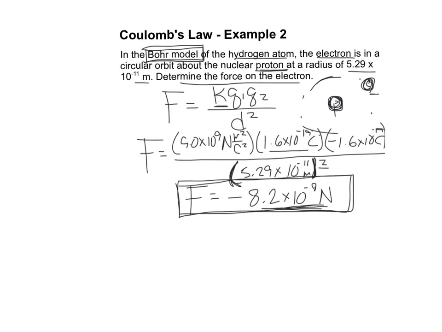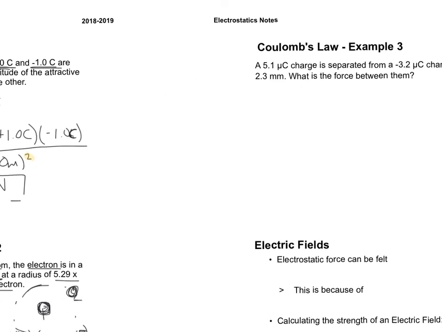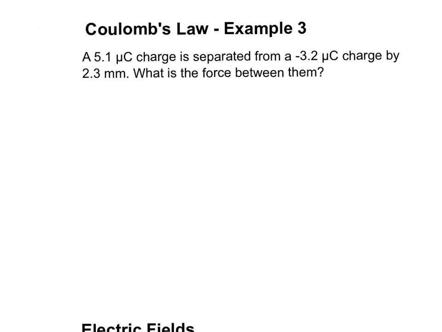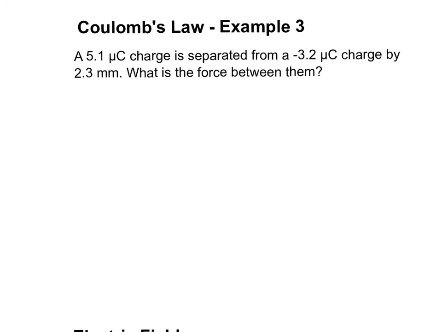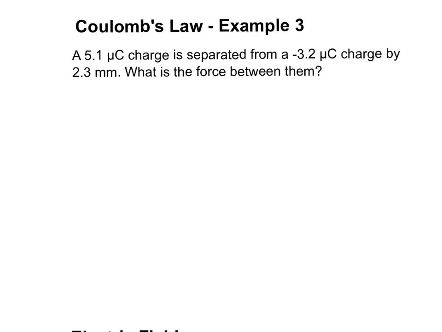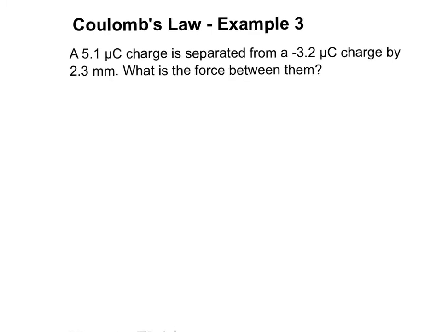All right, so let's see. I have one more example for us to do. Third example here. We've got Coulomb's law once again. I've got a 5.1 microcoulomb charge, and it's separated from a negative 3.2 microcoulomb charge by 2.3 millimeters. And we want to find the force between these.